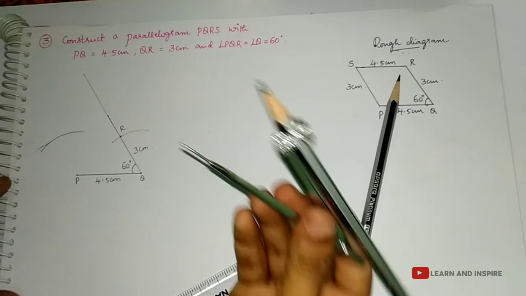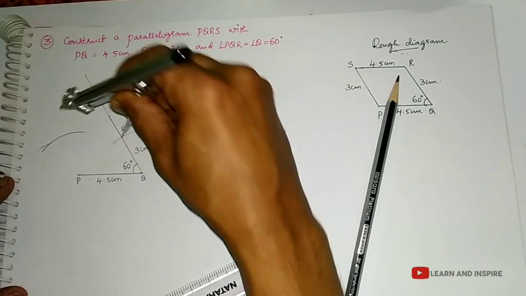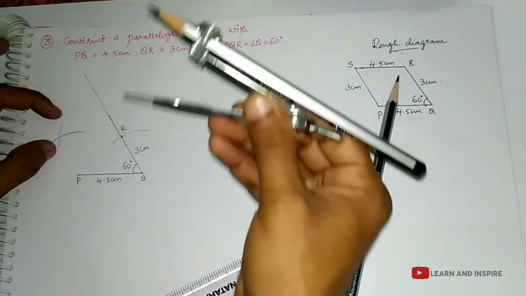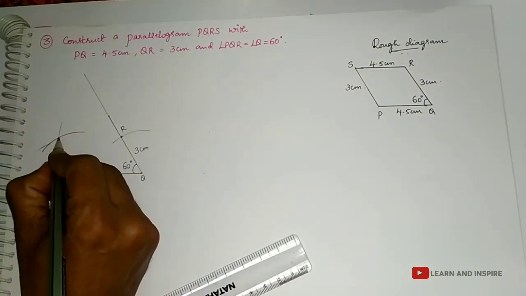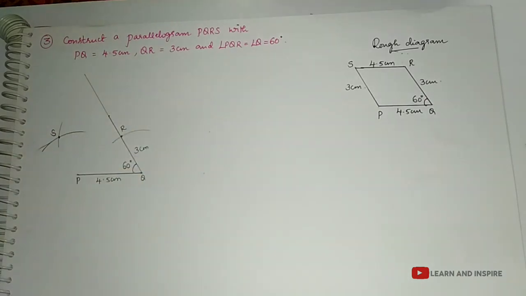So with R as center of radius 4.5, cut the previous arc. Now these two arcs are intersecting at a point, and that point I name S.